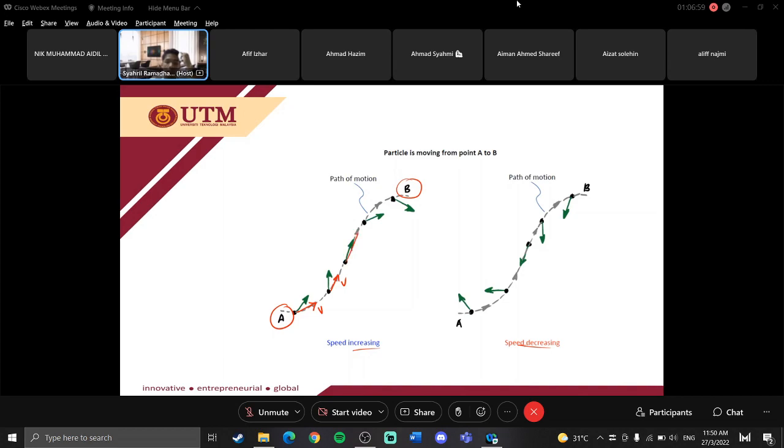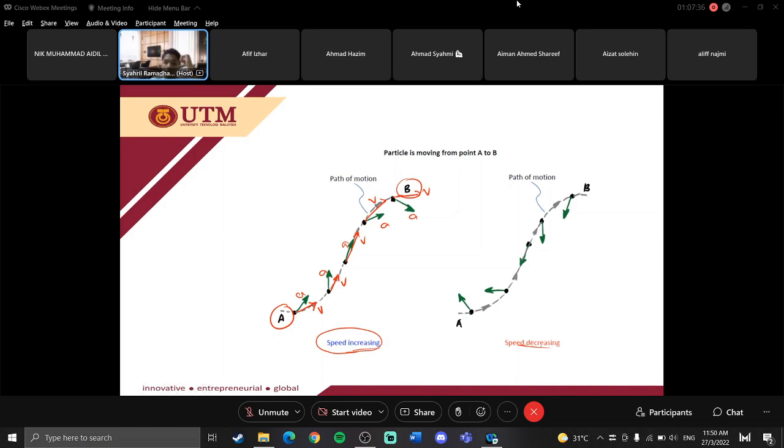You may notice that the acceleration is on the green line. If the acceleration is in almost the same direction as the direction of motion, then the speed is increasing. But you need to understand that acceleration is always inward to the curve.